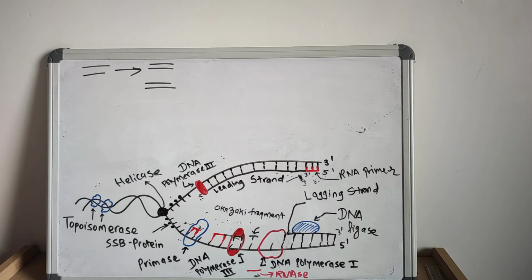The joining of Okazaki fragments is done by the DNA ligase in both prokaryotes and eukaryotes. The removal of the positive supercoils ahead of the advancing replication fork is done by the DNA topoisomerase 2, which is also known as the DNA gyrase in the prokaryotes and DNA topoisomerase 2 in the eukaryotes.